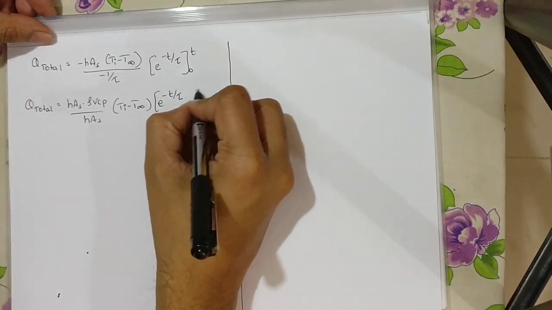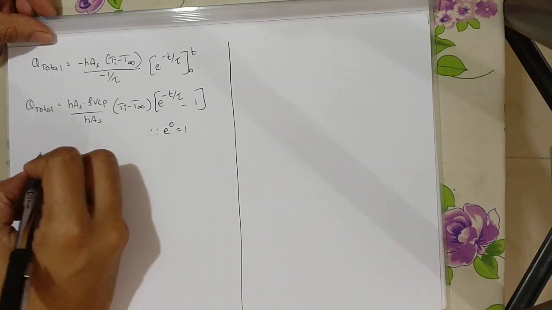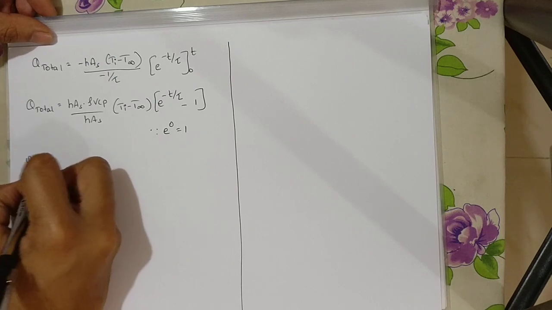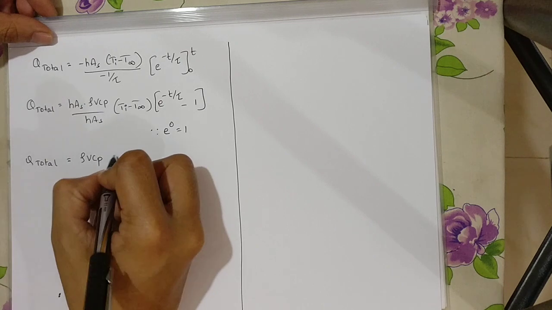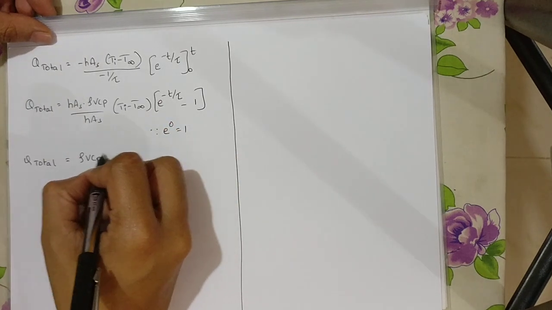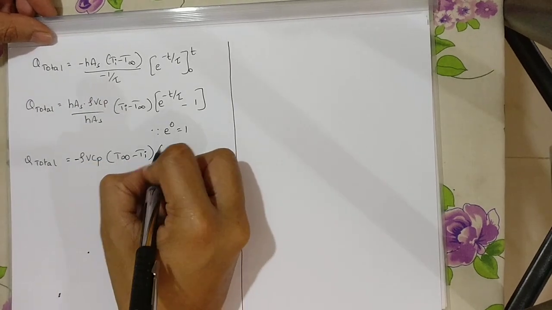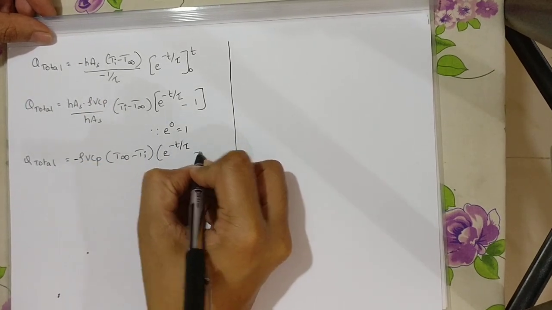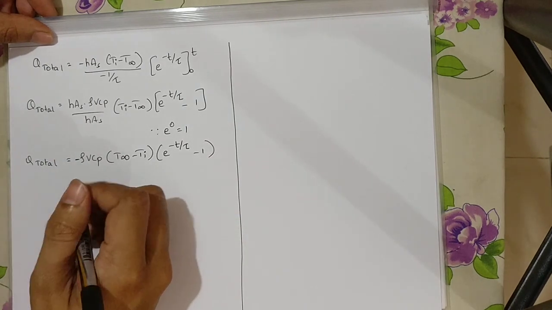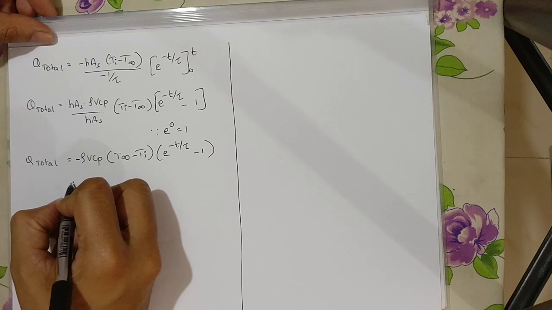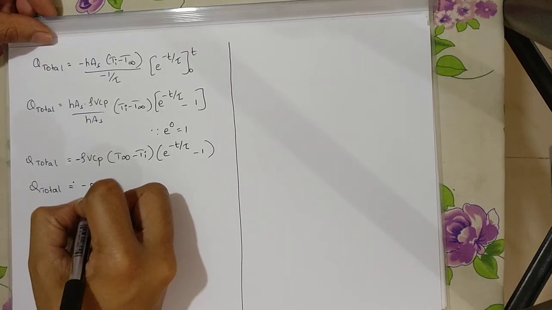So e power 0 is 1, since e power 0 is equal to 1. Now let me write Q total is equal to rho V Cp. Can I write Ti minus T infinity as T infinity minus Ti with a minus sign, and e power minus t by tau minus 1. We remember that rho V can be written as m.